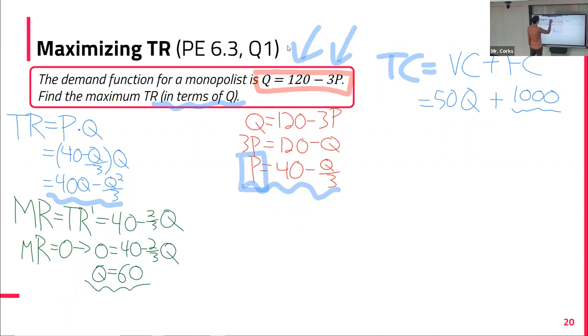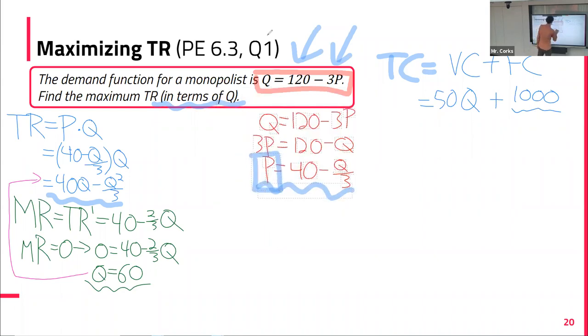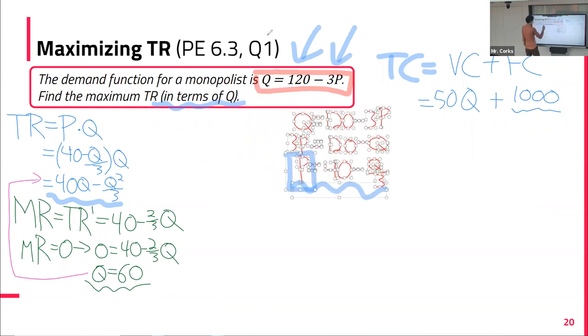But we want the actual value here. So again, we're just going to take this Q value, substitute that into our total revenue equation here. Total revenue is 40 times 60 minus 60 squared over 3.